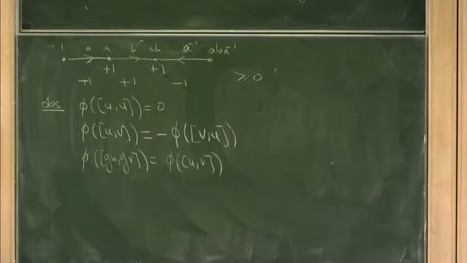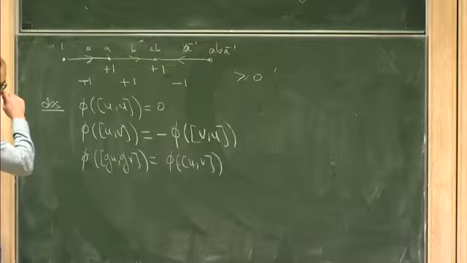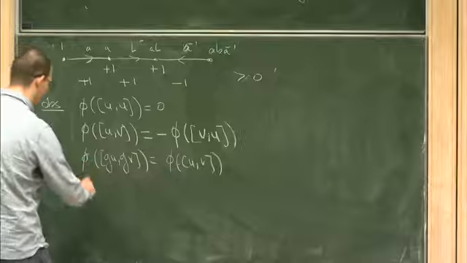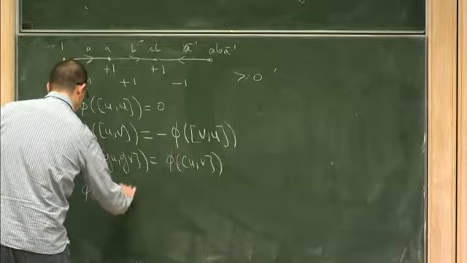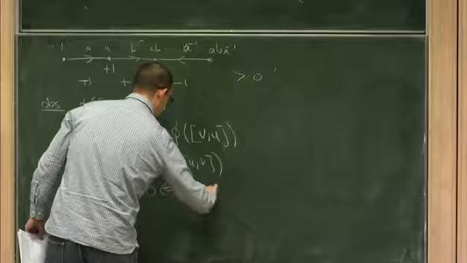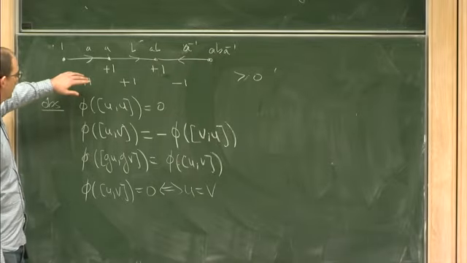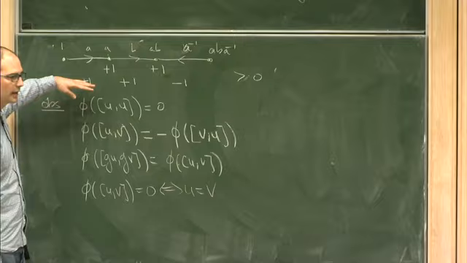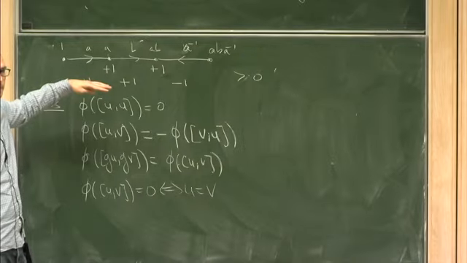So this is invariant under the G action, and I guess the one other thing that is clear is that this is equal to 0 if and only if u is equal to v. And why is this the case? Well, that's because you will always end up adding an odd number of 1s or minus 1s.